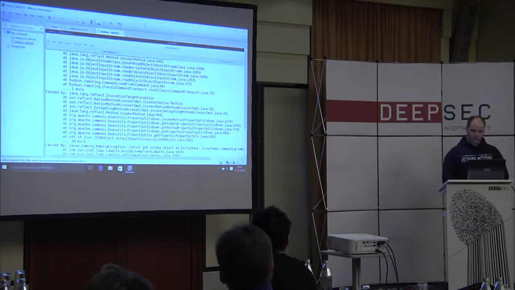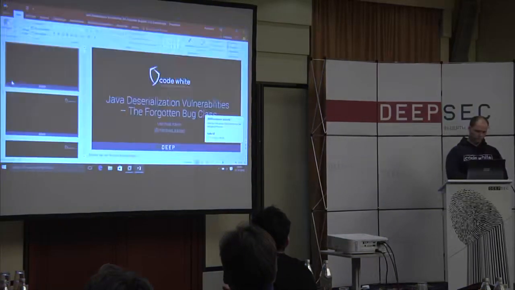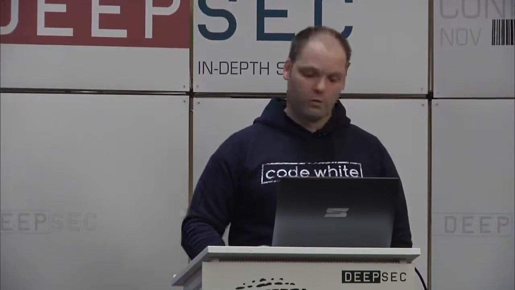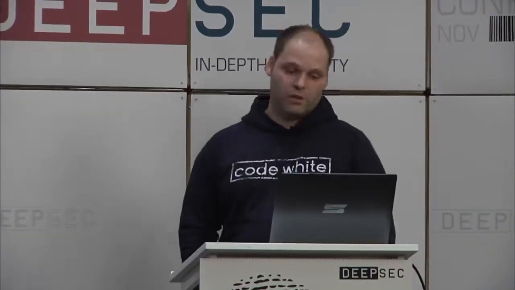Okay, and I think now it's time for the last slide. Here are the requests, first one, second one, and conclusion. So in the very end, Java deserialization is no rocket science in my opinion, it's just unknown. So please find bugs and exploit it.